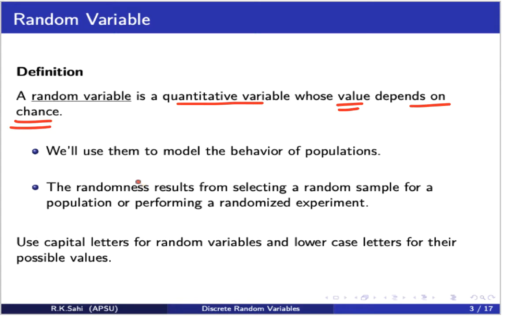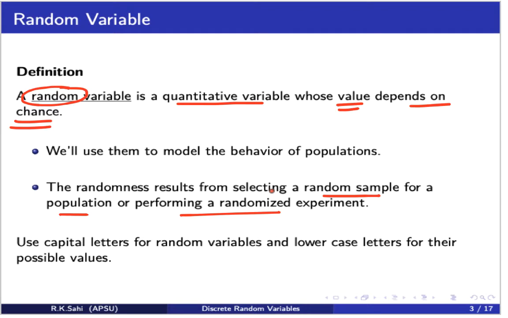So what we are looking at is a variable whose value depends upon chance, and that's where the randomness comes out. We use this random variable to describe the behavior of populations. And the randomness is coming from selecting a random sample from a population, or we are performing some randomized experiments.